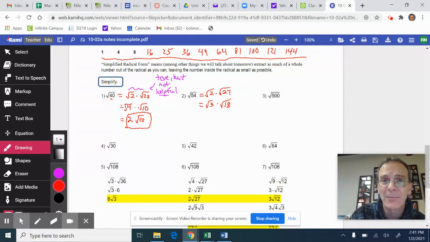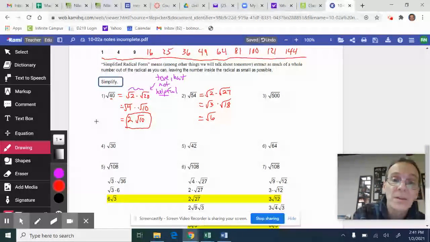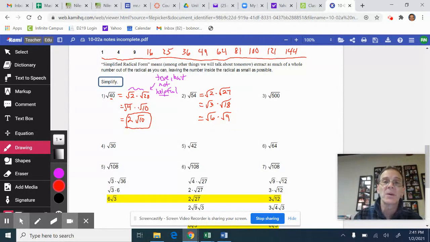You could try 5, but you probably know 5 is not a factor of 54. Then you could try 6, and you would find out that, yes, 6 times 9, if you didn't remember. Are either one of those numbers on the list? Yes. Which one? I'm talking about the list of perfect squares across the top of the page. Is the 6 or the 9 in that list? The 9 is, right?